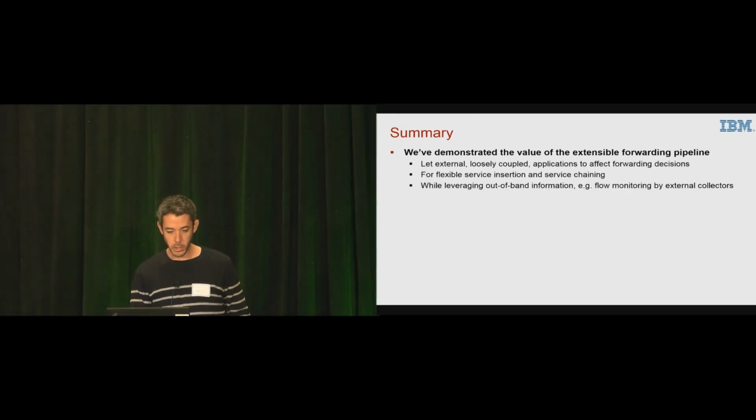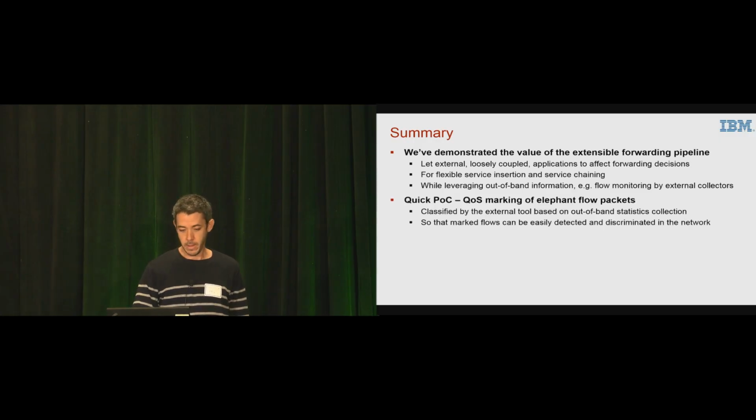And to summarize what we just showed, we showed the value of adding new functionality by extending the logical pipeline of OVN without introducing new code, integrating new code inside the OVN. It was a quick proof of concept. We just marked elephant flows by DSCP field.